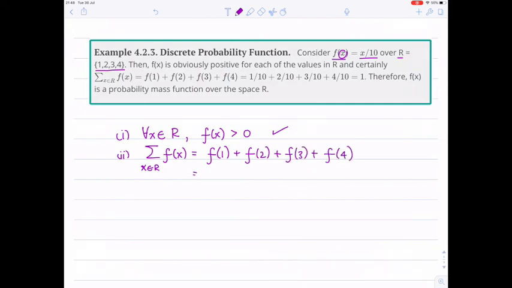And first let's do the function. Our function puts each of these over 10, so that's 1 over 10 plus 2 over 10 plus 3 over 10 plus 4 over 10. And if you add those up, you'll see that you get a total of 1. Okay, so we've got the second thing sorted.